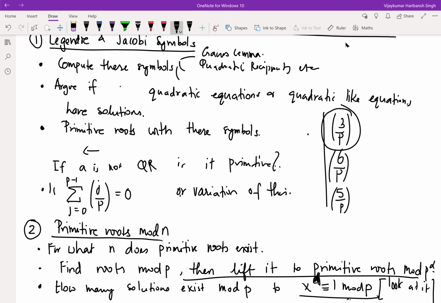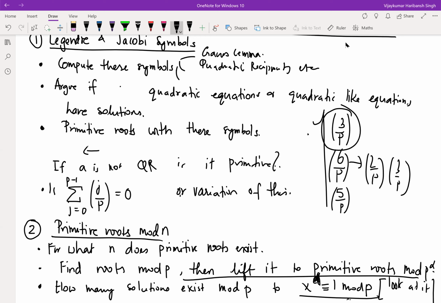The pattern is exactly the same as 3 by p. For example, 6 by p is better because you can break it down to 2 by p and then 3 by p, and then again apply the same kind of argument.